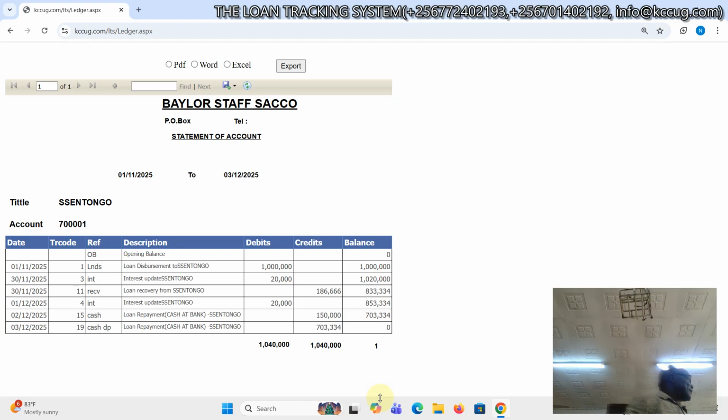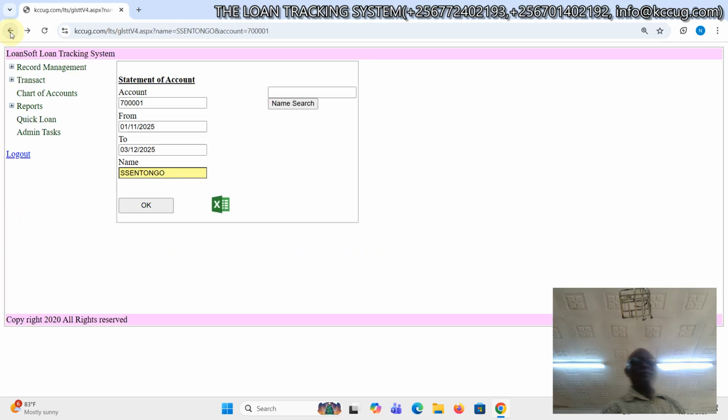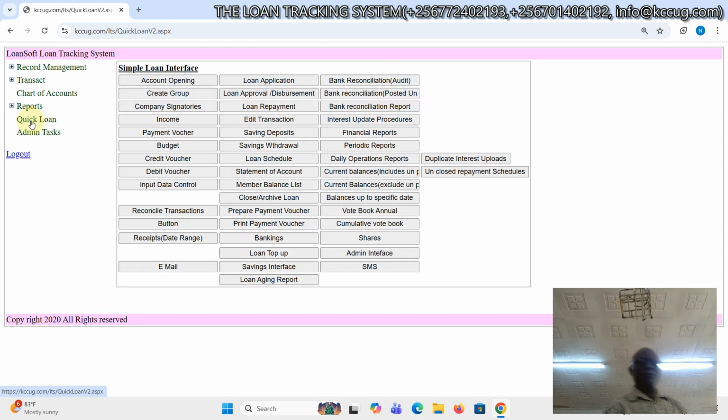Okay. So once Sentongo is at 0 balance and he wants a new loan, how are we going to reuse the account? The process is to archive this loan. And that is where we come to loan archiving, or close/archive loan.